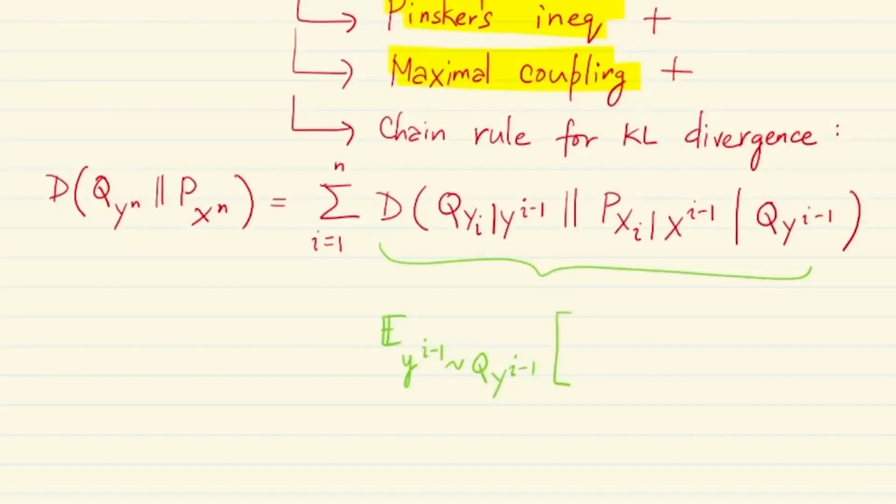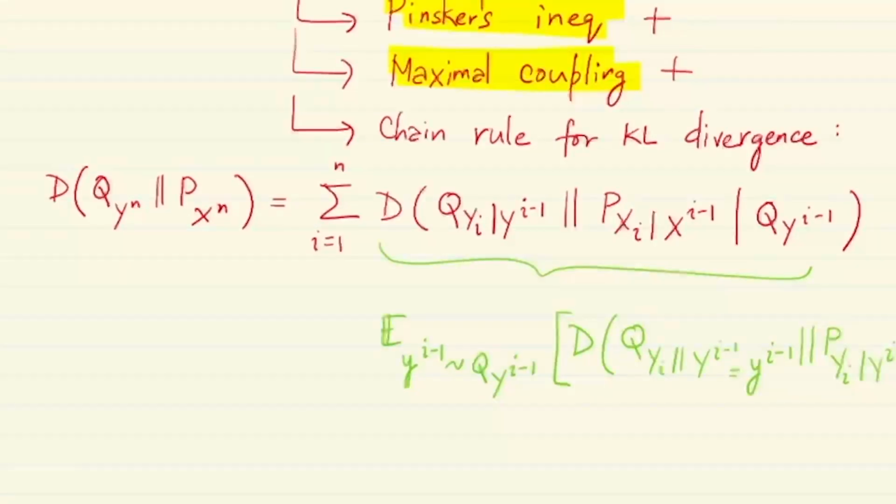So once you have fixed small y_1 to y_{i-1}, you just go ahead and evaluate the standard KL divergence of the conditional measure of Y_i given Y^{i-1} equal to small y^{i-1}, with respect to the same thing done for P, Y_i given Y^{i-1} equal to small y^{i-1}.